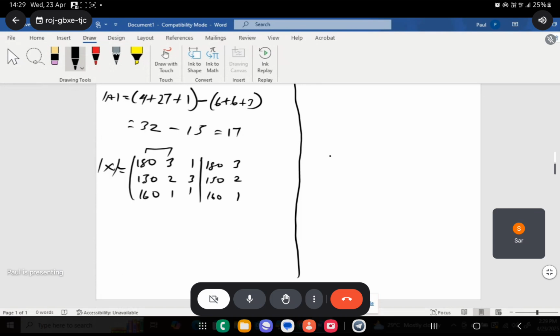So determinant of matrix X becomes 180 times 2 times 1, which is what? Times 1.